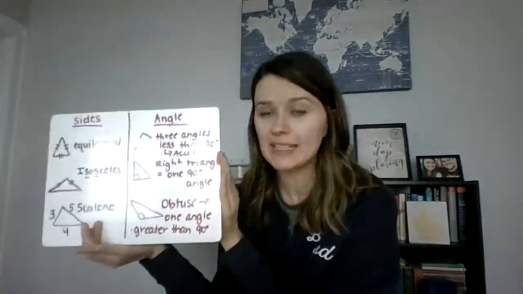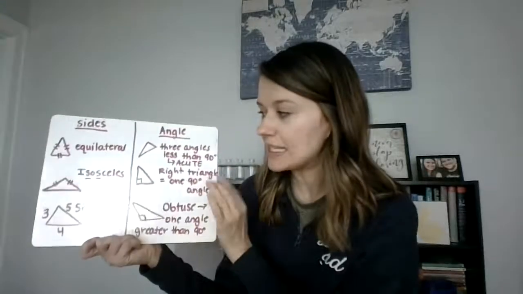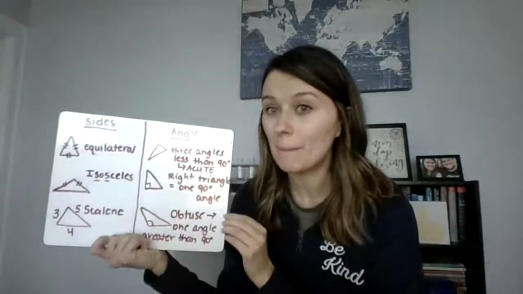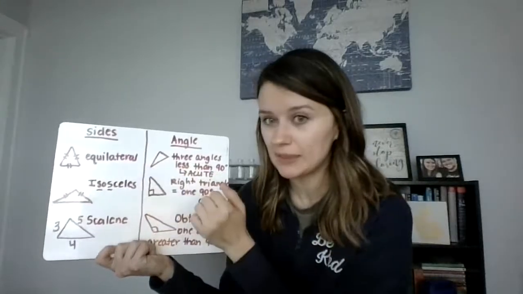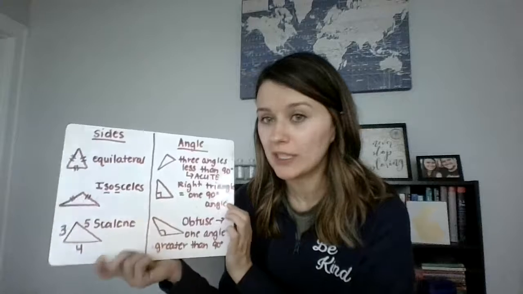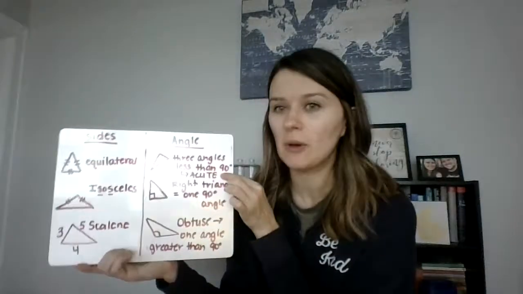Okay. The next way that we can look at describing what type of triangle we have is to look at the angle measurements. An angle is where two sides of a triangle meet, and it is that angle measurement in between. Okay, so the first type of triangle that we have when we're looking at angle measurements is an acute triangle.